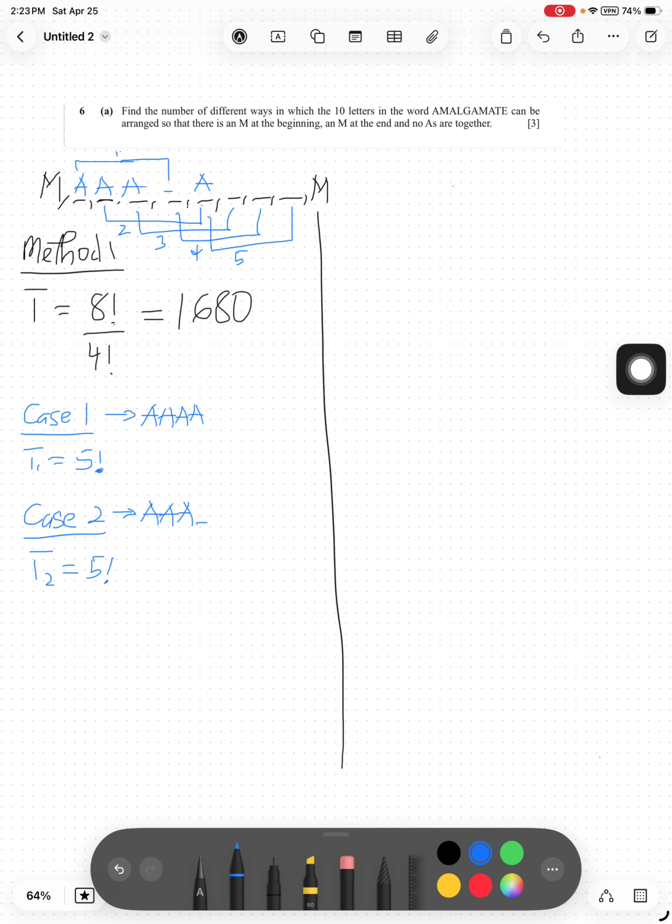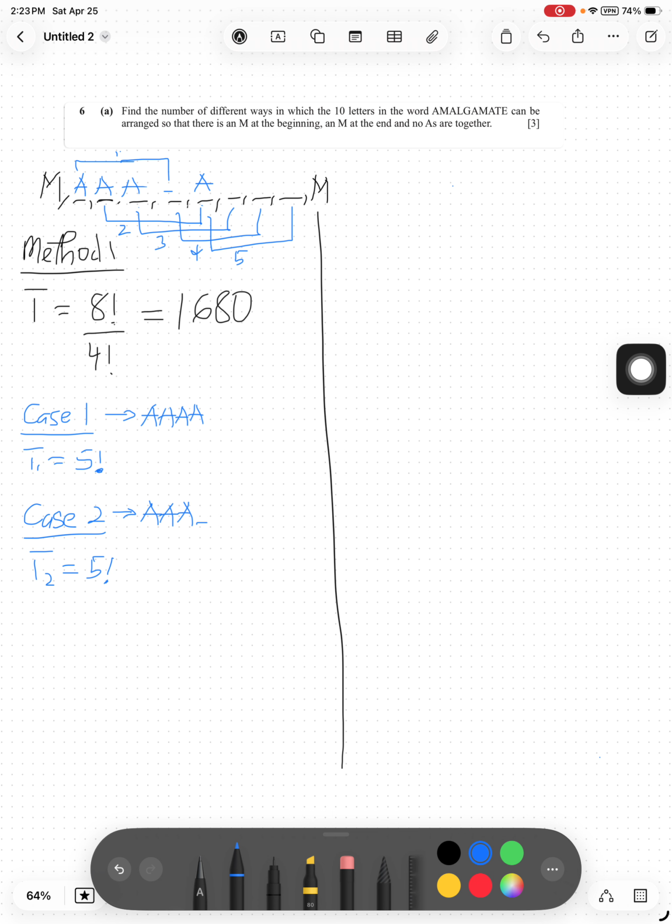Now let's talk about the single A. The single A has 4 positions where it can fit itself, right? So at the moment it's filling 1 out of 4 positions, right? It's 1 and it has 4 positions it can fit itself in.